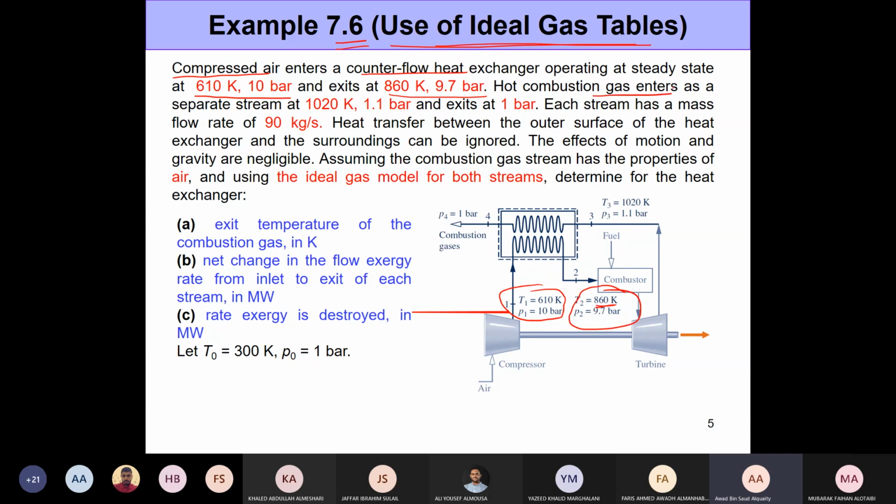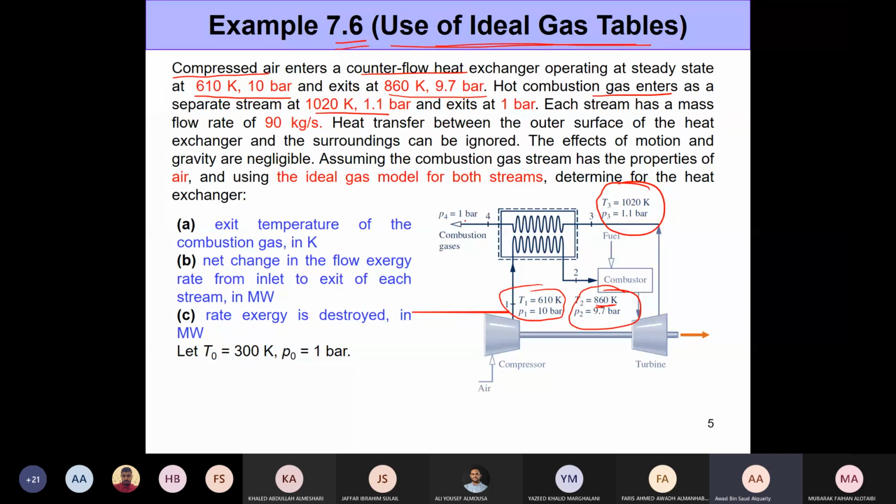Now, hot combustion gases enter as a separate stream at 1020 Kelvin, certainly a much higher temperature, and exit at 1 bar, so more or less similar pressures. There is some pressure drop because of friction losses within the pipe. We don't know the exit temperature, but we know the exit pressure is 1 bar.